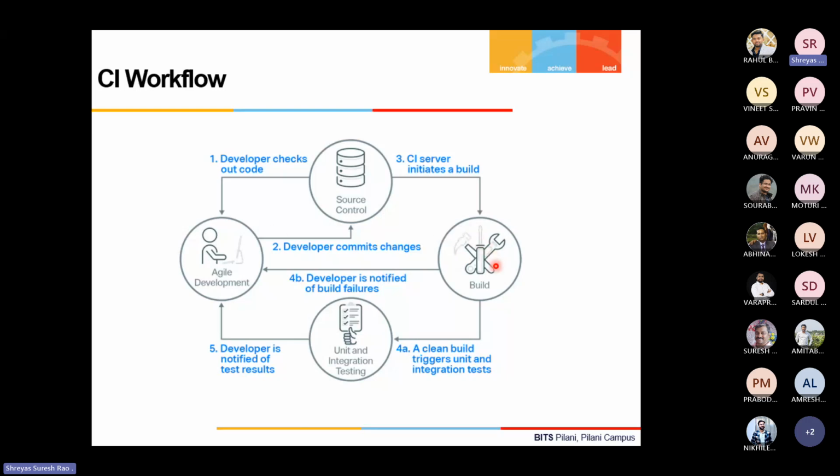Once the changes are done, the build can result in two outcomes. There will be a build failure. If there is any build failure, the developer will be notified of the failure so that they can rectify it and this process can be restarted. If the build is successful, a clean build, then we go into the unit and integration testing stage. First is only the build, whether I am able to build whatever code changes I have done.